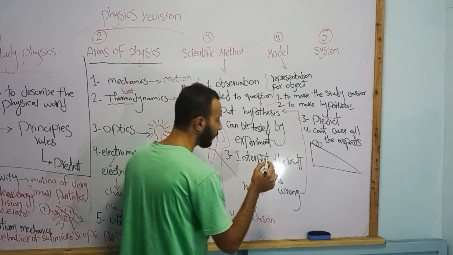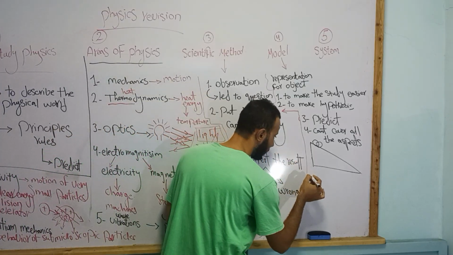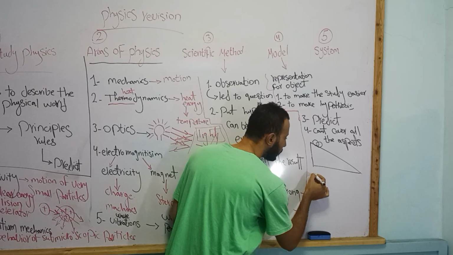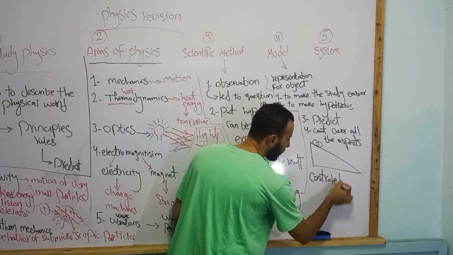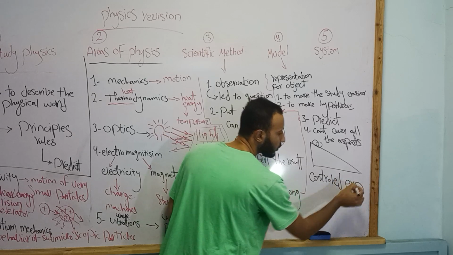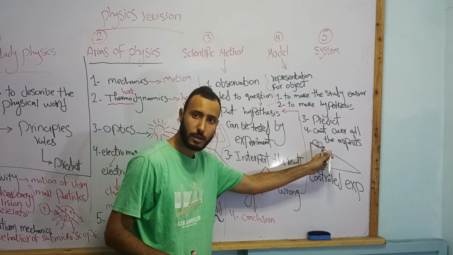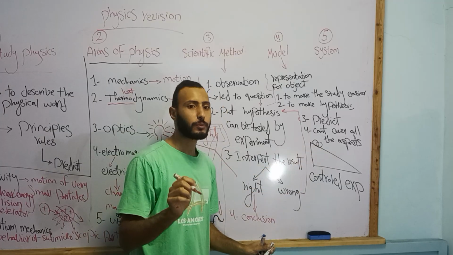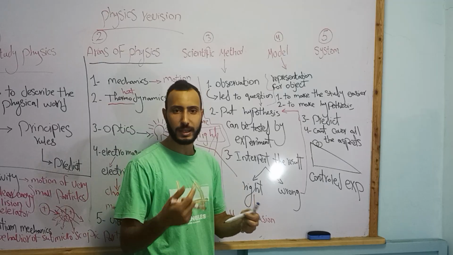And before I end this point, I'll say, because of that you have to make something called a controlled experiment. What I mean by controlled experiment is an experiment like this one, but in this experiment you don't measure more than one variable.